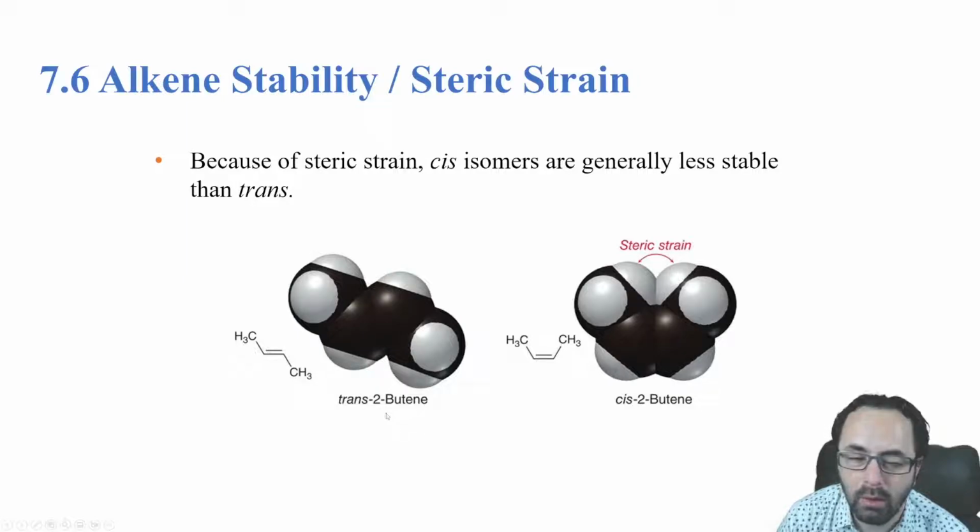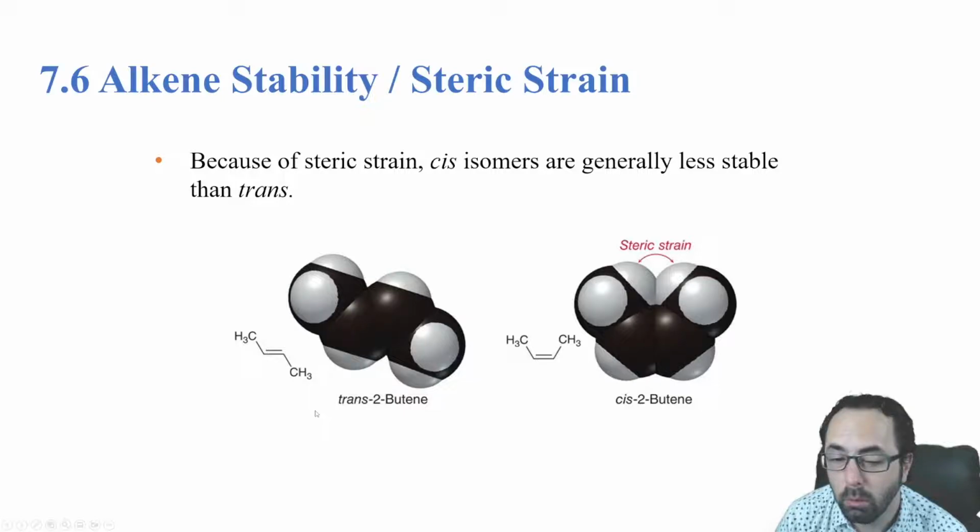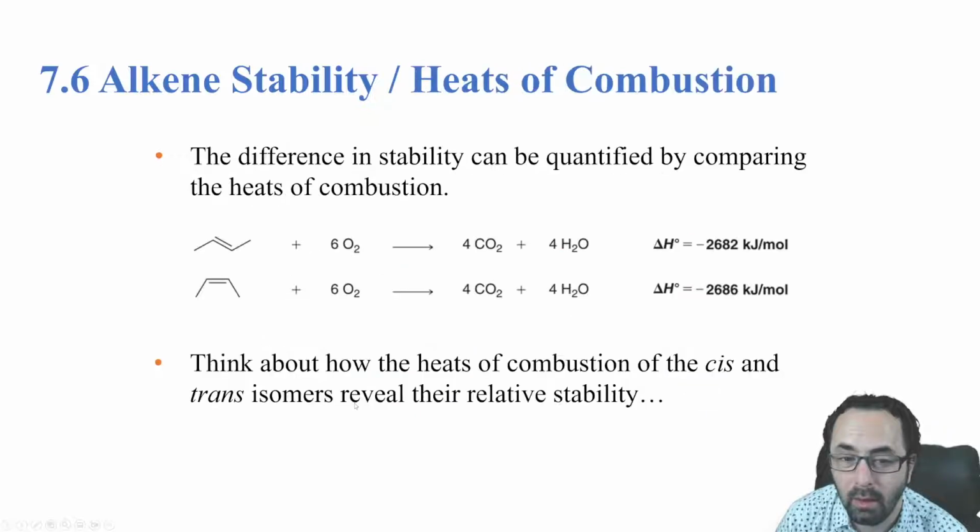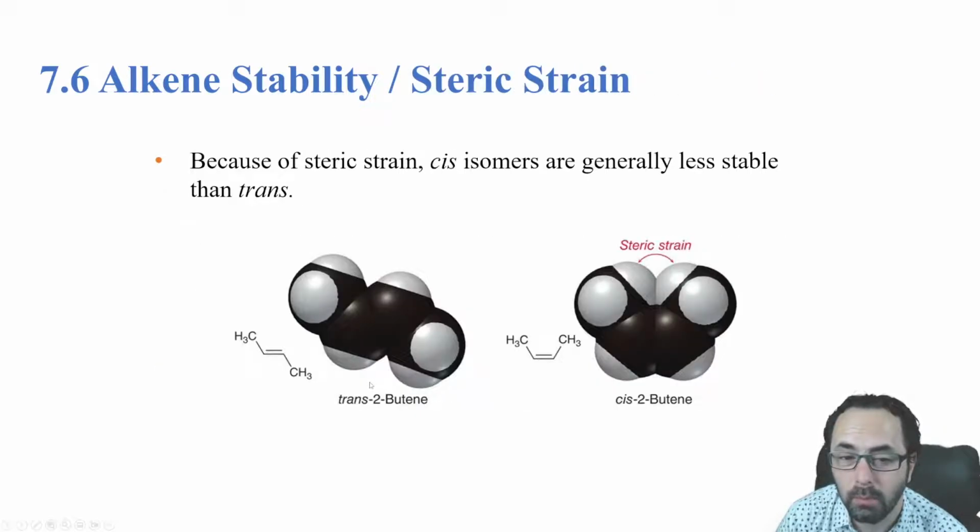So that's one thing to consider when an elimination is occurring: the more thermodynamically stable product will be the trans one. However, depending on the conditions of the reaction, going into a trans configuration may or may not be possible. We will talk about the details of that in a moment.